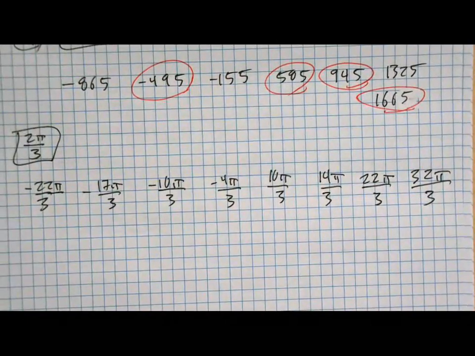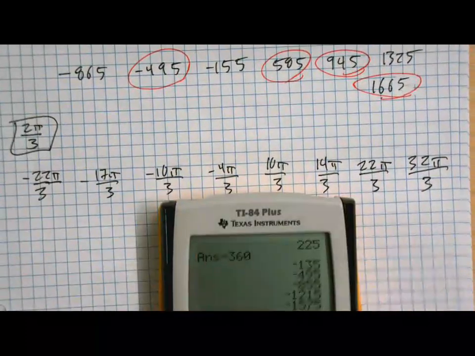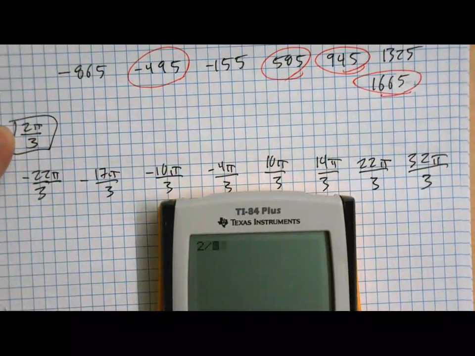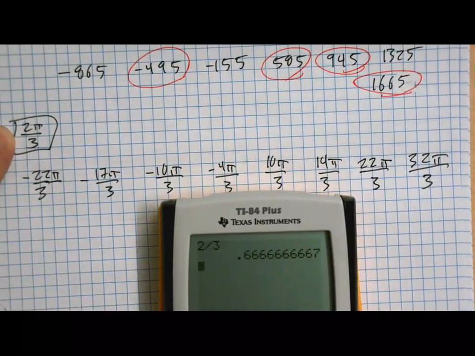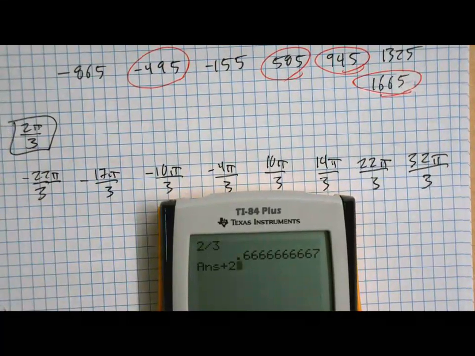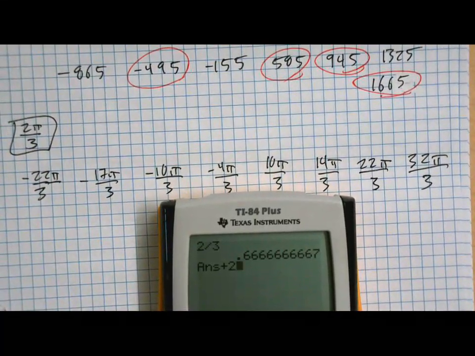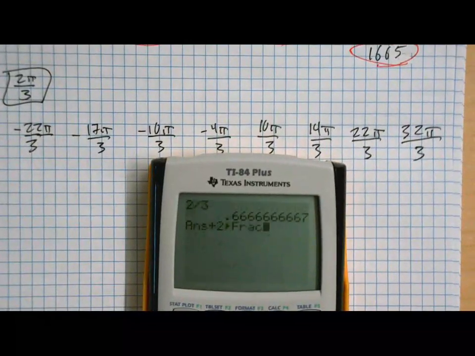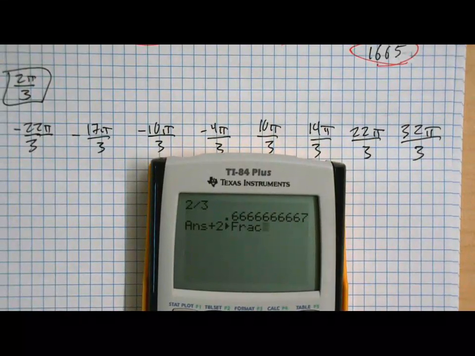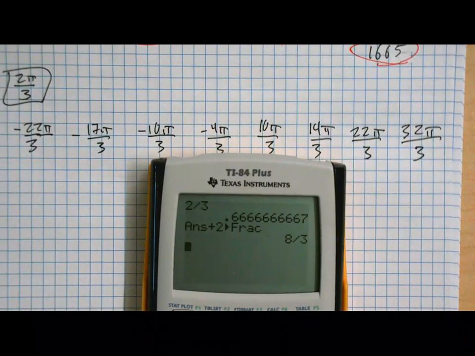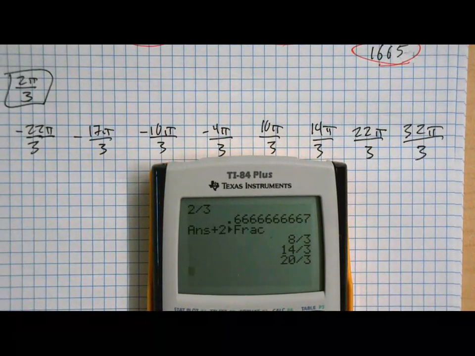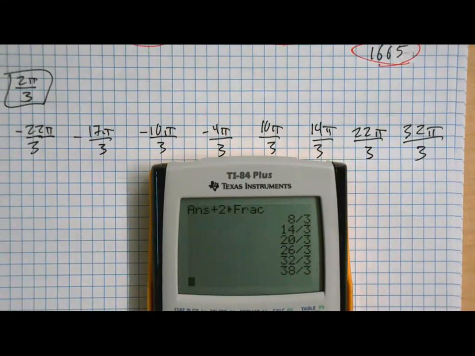So if I were using the shortcut on my calculator, I would start by typing in 2 over 3, meaning 2 pi over 3, but I'm leaving the pi out, hit enter, and then do plus 2. I'm really adding 2 pi, I'm just leaving the pi out, then math frac after it. So 2 pi over 3 plus 2 pi would be 8 pi over 3, 14 pi over 3, 20 pi over 3, and so on.